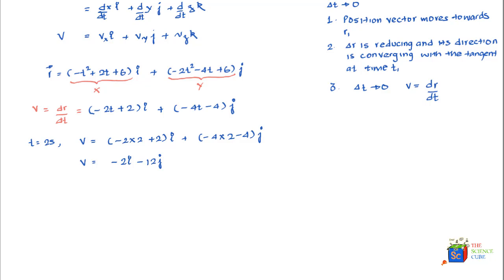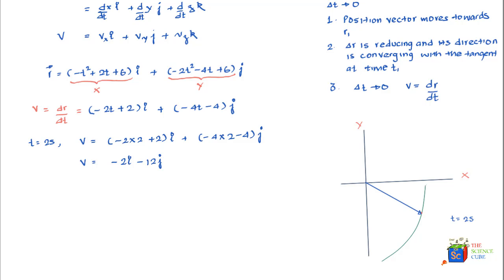So let's say the position of the spider on the graph looks something like this, and let us say its position at time t equal to 2 seconds is over here. So this is the position vector of the spider at time t equal to 2 seconds, and we have found that the velocity of the spider at t equal to 2 seconds is minus 2 in x direction.